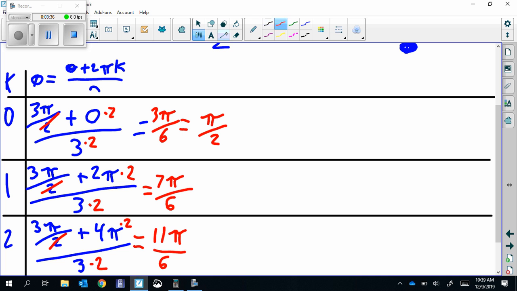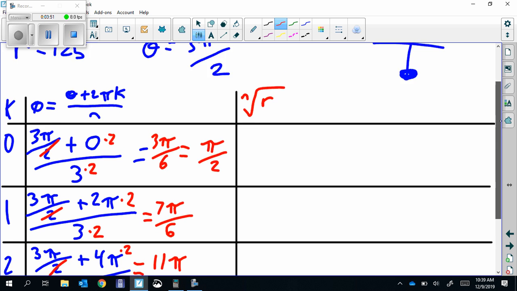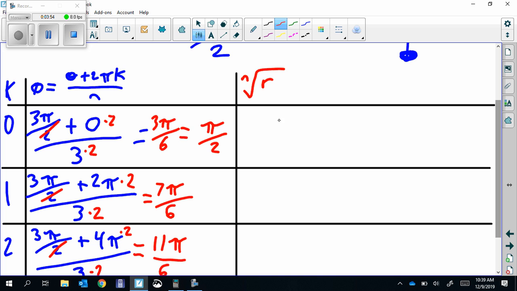So then we plug in those angles into the rest of De Moivre's theorem, which is you take the nth root of r. So that's the cube root of 125, which is 5.